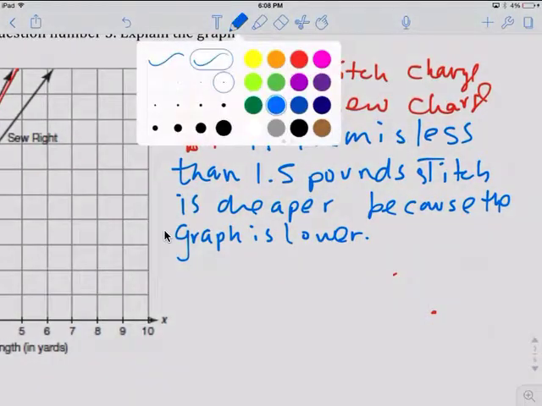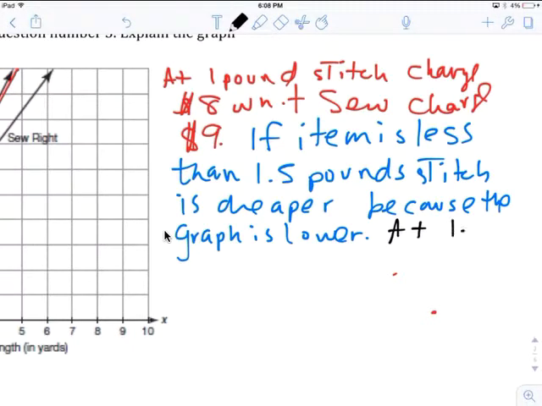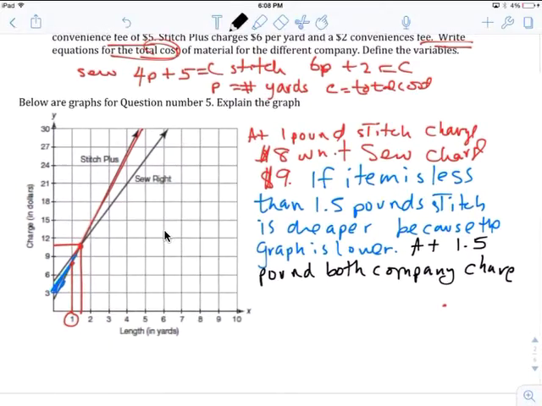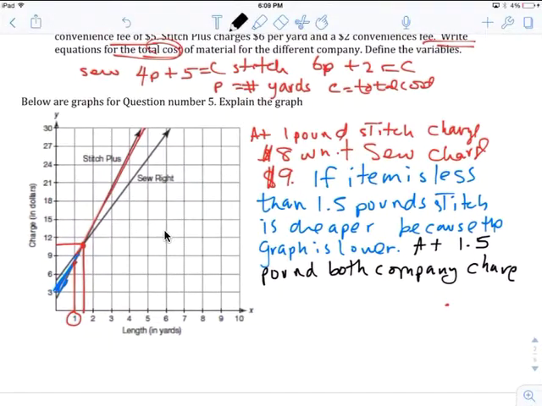At 1.5 pounds, both companies charge $11. So therefore it does not matter which company you choose.